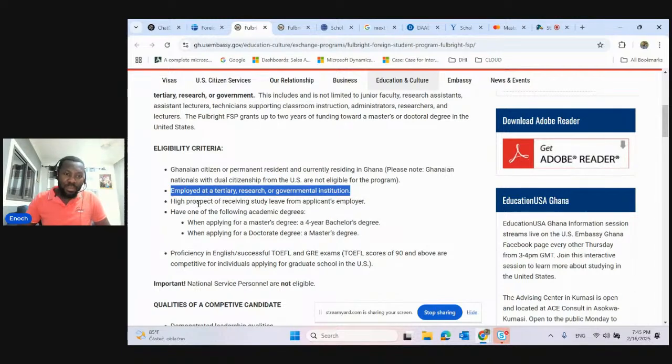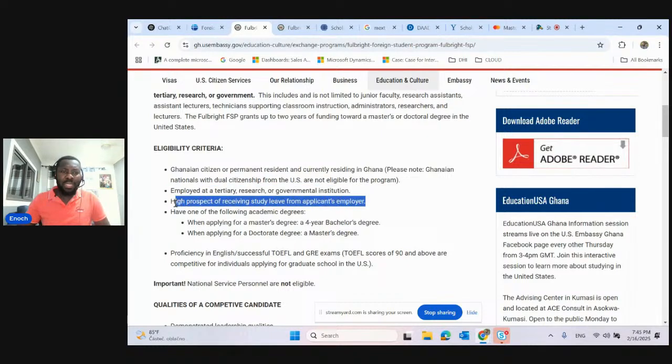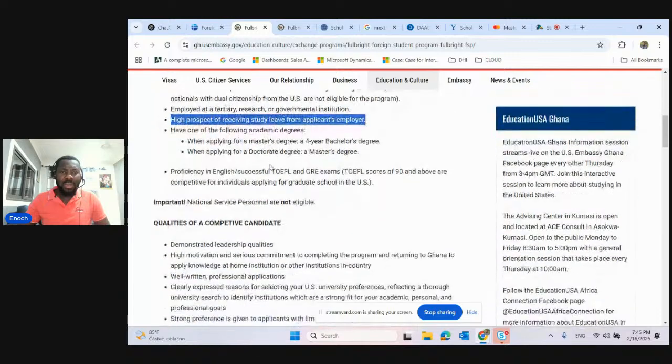A high prospect of receiving study leave from the applicant's employer. So your employer must indicate that they are willing to give you study leave. And with study leave, it is intended that you will come back to your work after your scholarship studies or your study program. Have one of the following academic degrees.